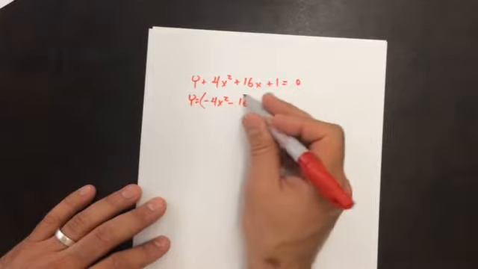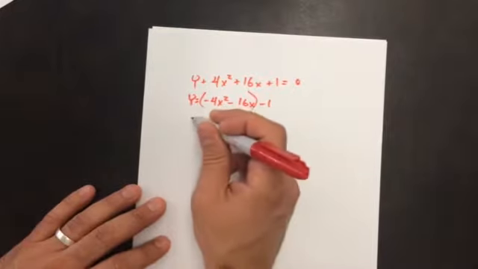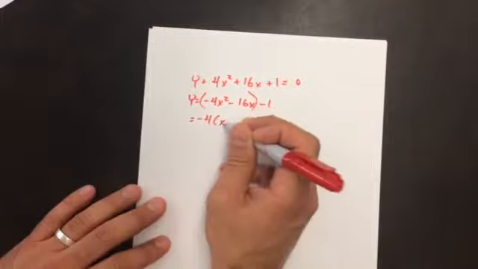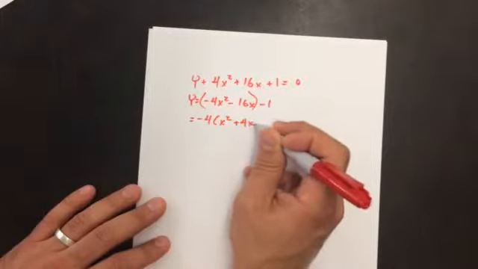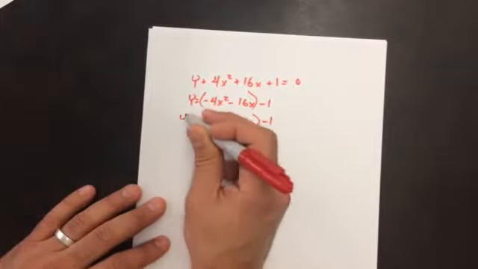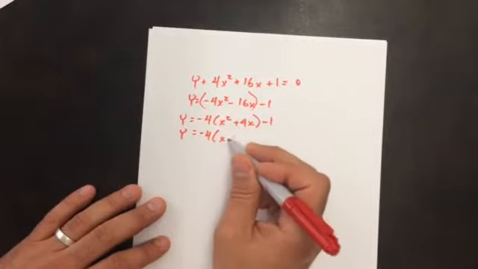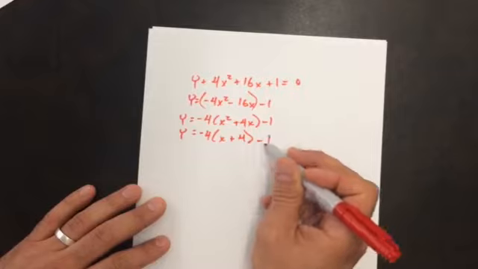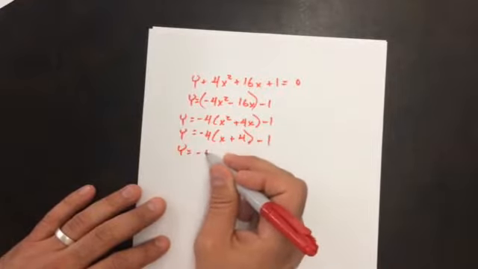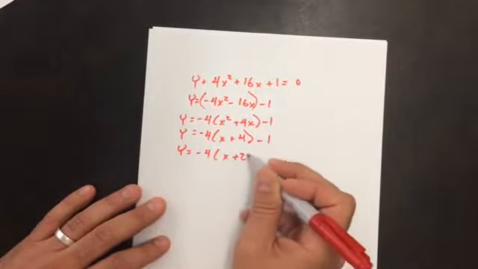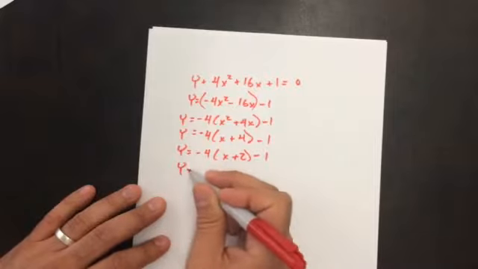Now I'm going to trap the x's, factor out the negative 4. Drop an x. Divide by 2. Square it.